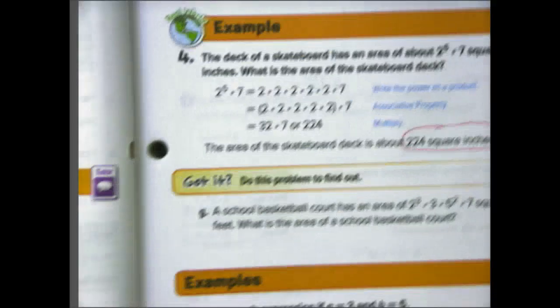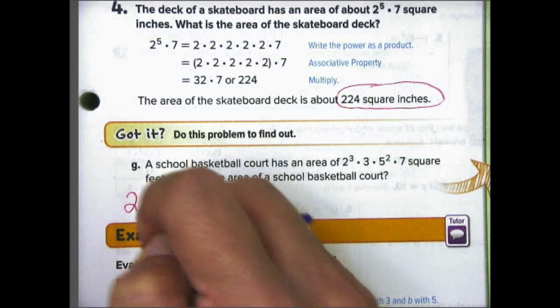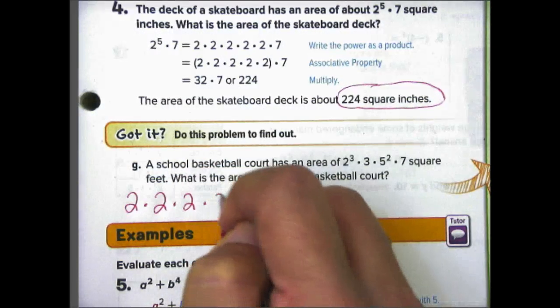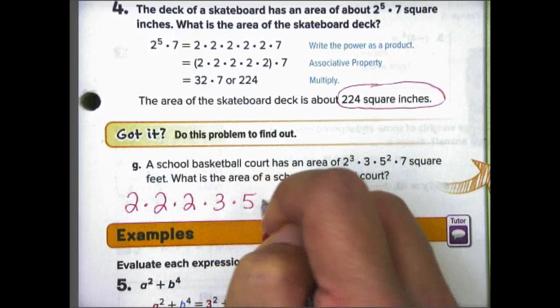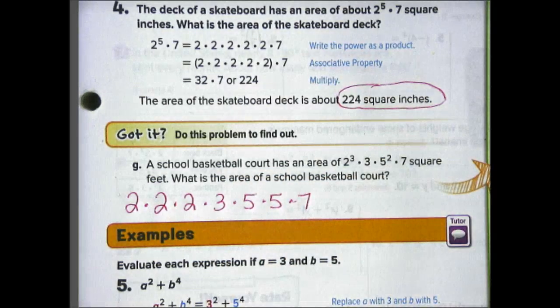Let's look at the problem below it. A school basketball court has an area of 2 to the 3rd times 3 times 5 to the 2nd times 7 square feet. What is the area of a school basketball court? So the first thing we'll do is write it as a product. 2 times 2 times 2 times 3 times 5 times 5 times 7. And then we have a lot of multiplying to do.